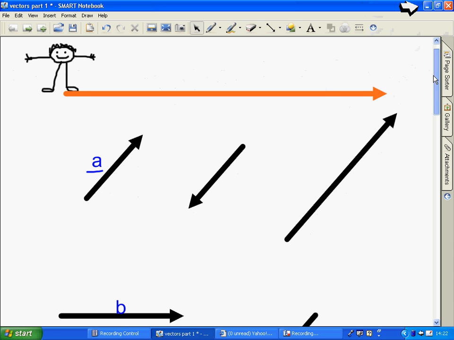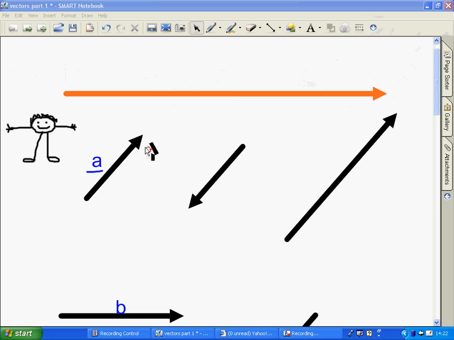Now if we look here, we have these vectors represented by these lines here, all these three lines. This we've defined as vector A, and as you can see here, we underline a vector to show that it's a vector. That's notation we use.